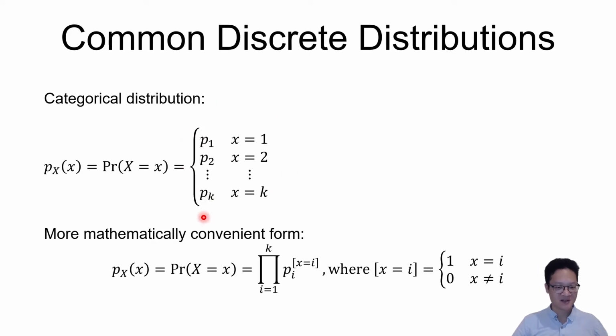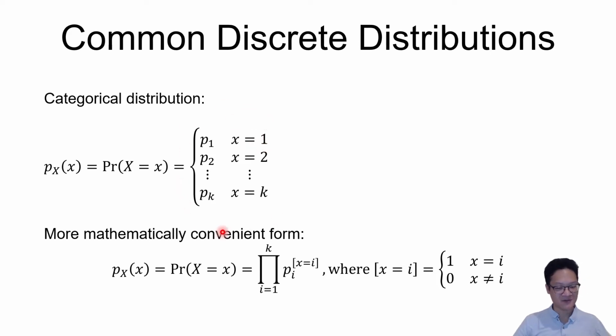This is pretty common in machine learning, especially if you're doing something like object recognition. The possible outcomes of X could represent the different objects, and the probability could be the probability that a model predicts for that particular object.